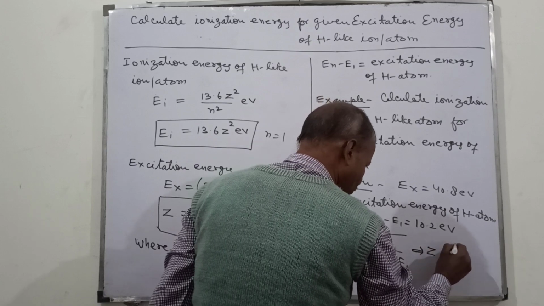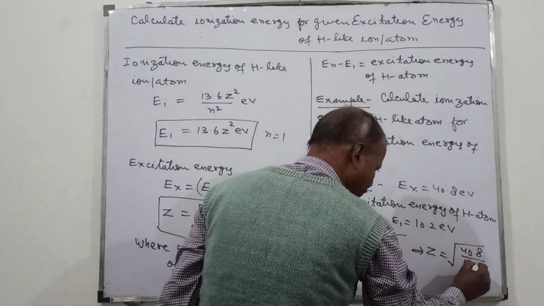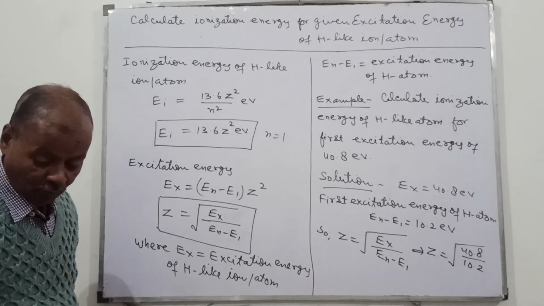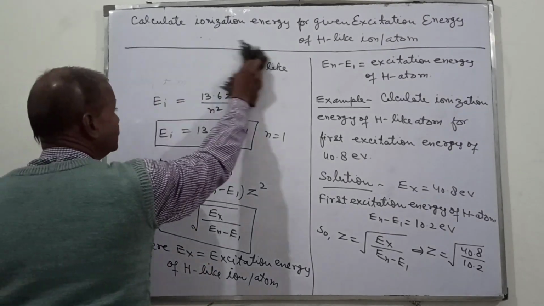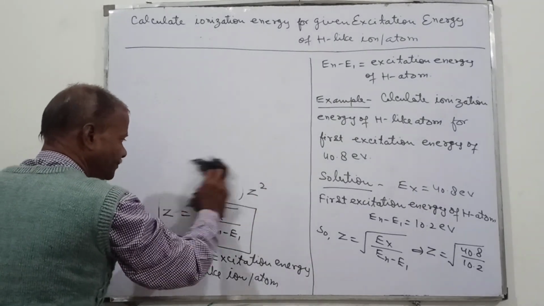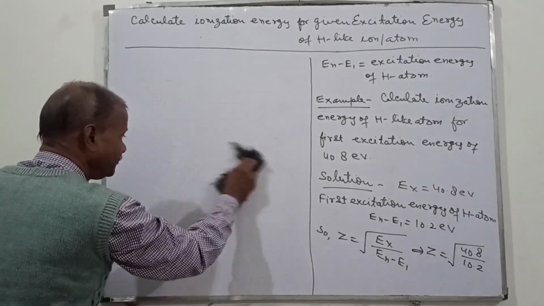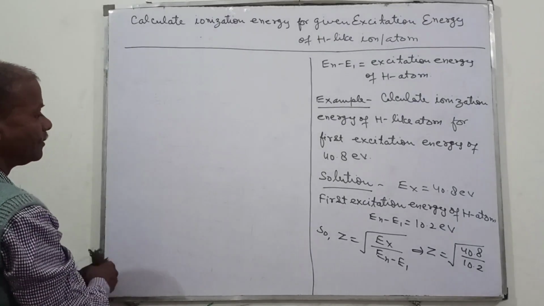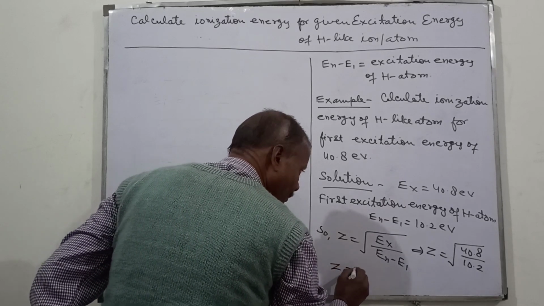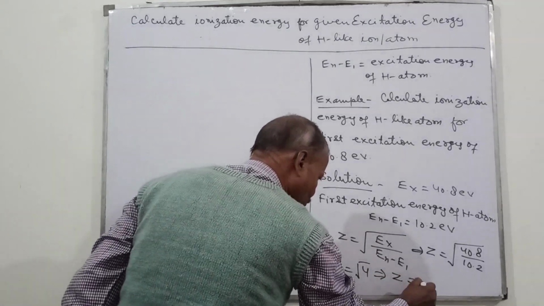So this Z equal to square root of 40.8 upon 10.2. So now this Z is equal to square root of 4, or this Z is equal to 2.